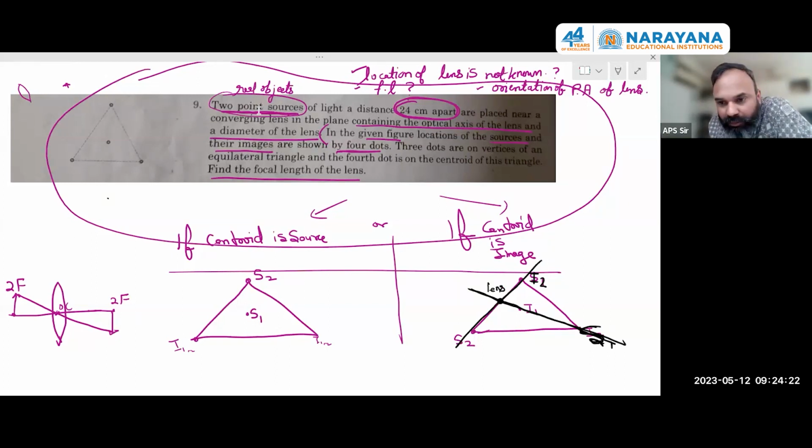And if this is correct, I could have rotated the system and drawn anywhere, but I thought I can draw one of them. If this is the possibility for the location of the lens, these two are equidistant. So this seems like a 2f kind. I'm not saying this distance is 2f. I'm saying this is a 2f combo.